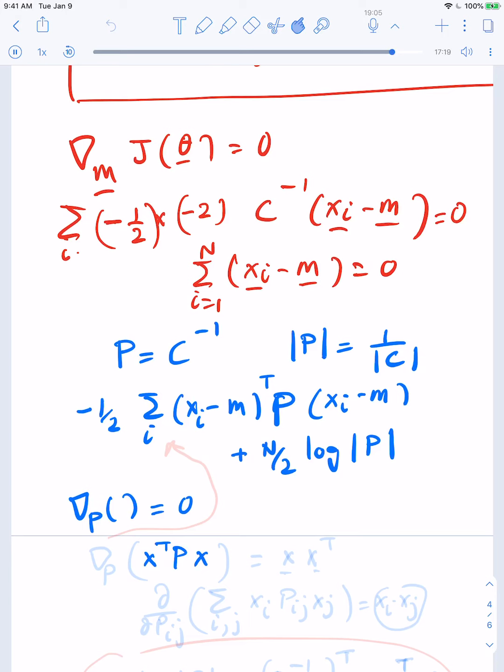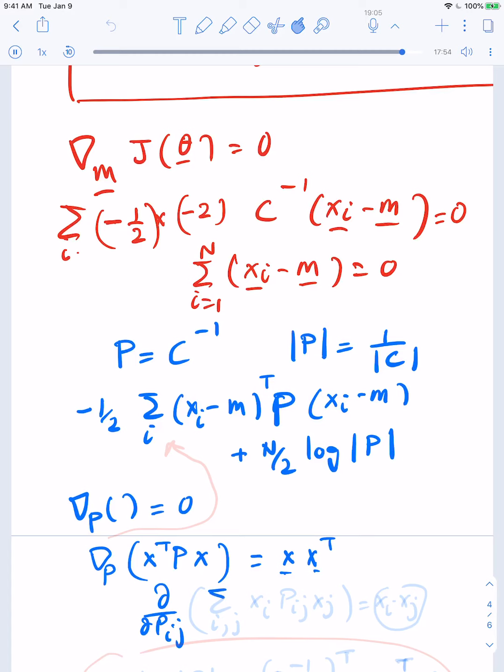Remember, C inverse in our particular case is a more special case also, but anyway, it doesn't matter here. If I look at this and I'm taking del P of this, remember, P is a matrix, so I'm taking the derivative with respect to each entry of the matrix, and so I'll get a matrix again. I can write it out as a matrix again, and that matrix is very easy to show, can be written as x x transpose, meaning del by del Pij of this.